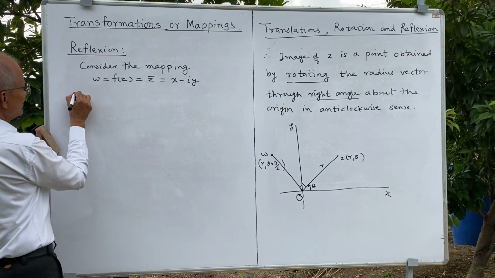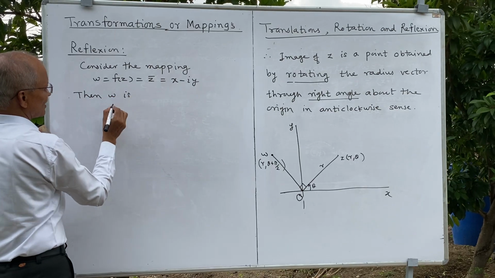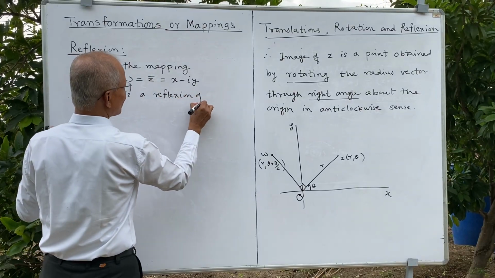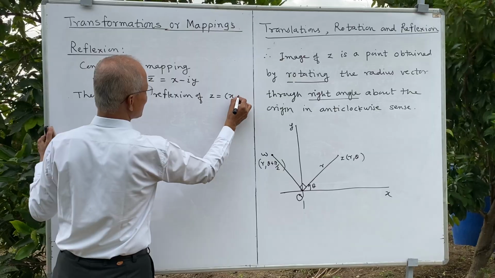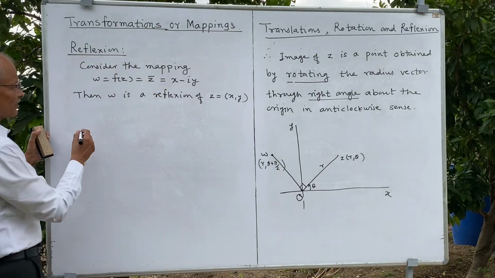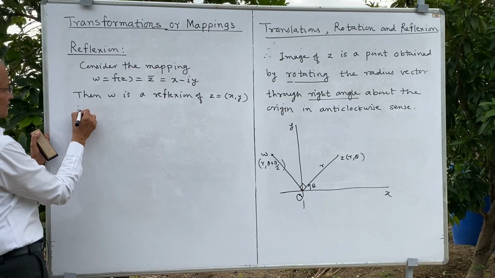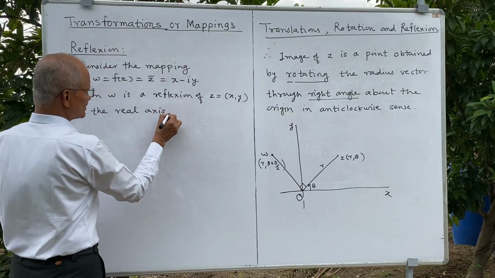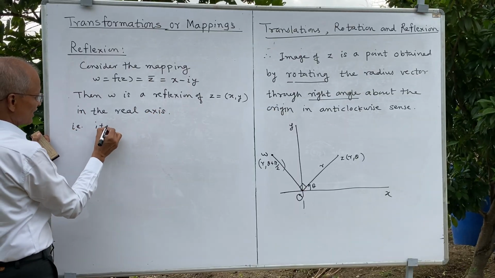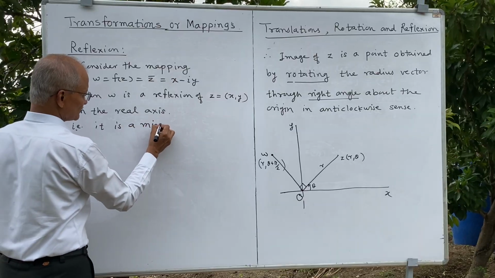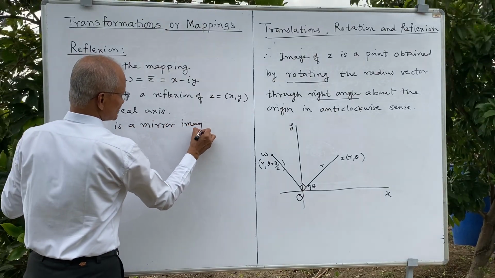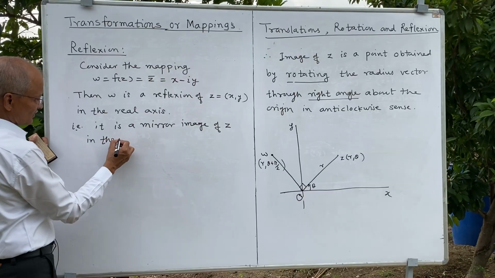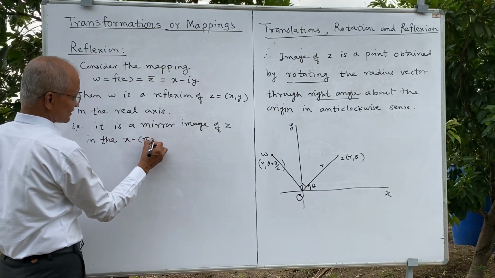Then W is a reflection of z, which is x comma y, or x plus iy, in the real axis. That is, it is a mirror image of z in the x axis, that is the real axis.